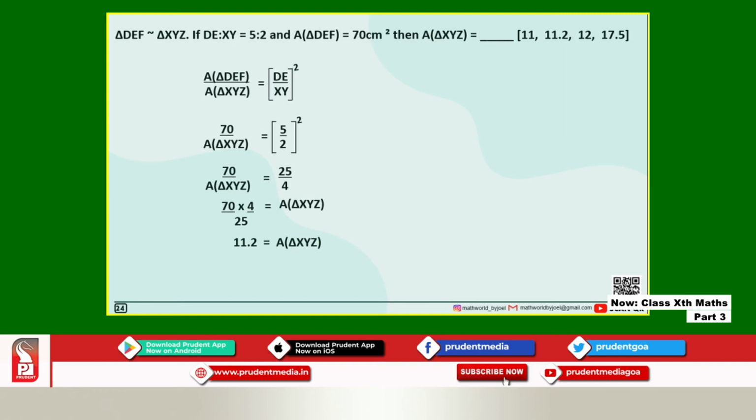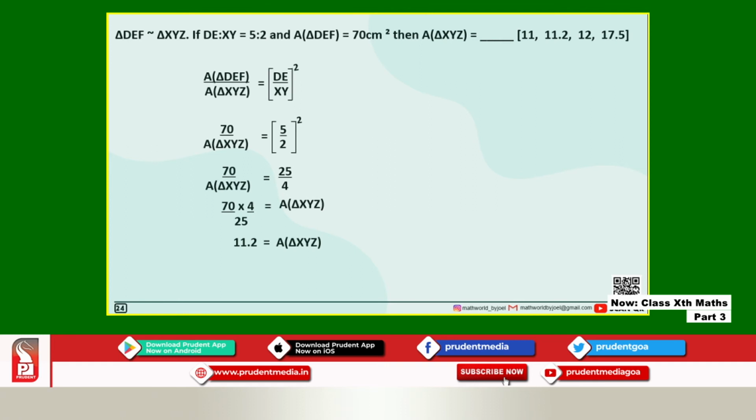So the area of DEF was 70, and the area of triangle XYZ is something that we need to find out. Sides are already given to us. So squaring it, it would become 70 upon area of triangle XYZ is equal to 5 square, which is 25, upon 2 square, which is 4. Now all I'm doing is cross multiplying, so that XYZ, which is on the left hand side in the denominator, when you throw it on the other side of equal to, will become multiplied.